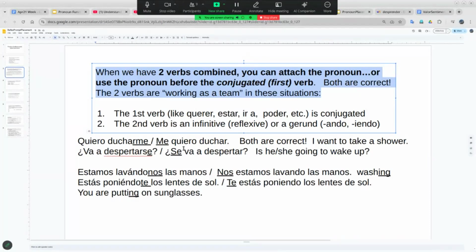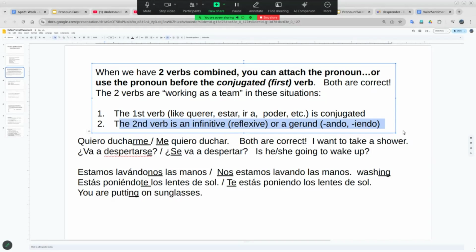So we're going to take a look at some examples of that. So the first verb, which gets conjugated, might be a verb like I want to do something, or I am doing something, or I'm going to do something, or I can do something. And that is the part that gets conjugated. The second verb, when we say two verbs are working together, is either going to be an infinitive, and it might be a reflexive one, or it might be a gerund.